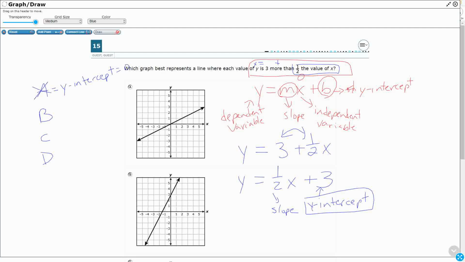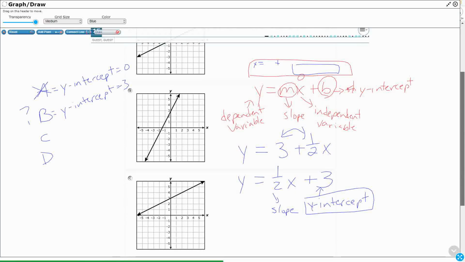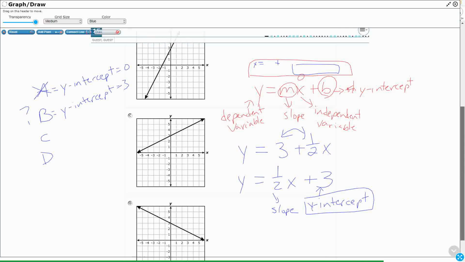B looks good, right? Our y-intercept is 3. Let's see what we have here for C and D. Both C and D cross at 3, so they're both going to be maybe, but we at least got rid of A.